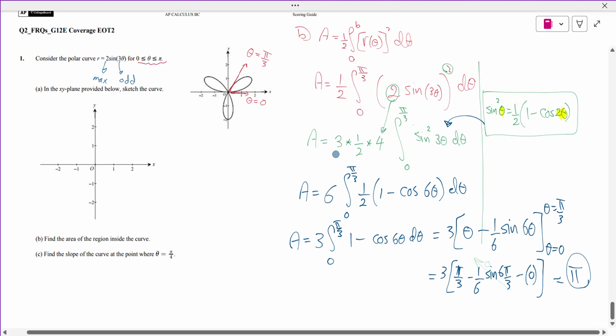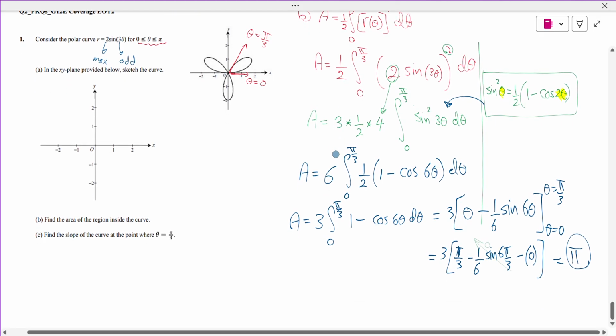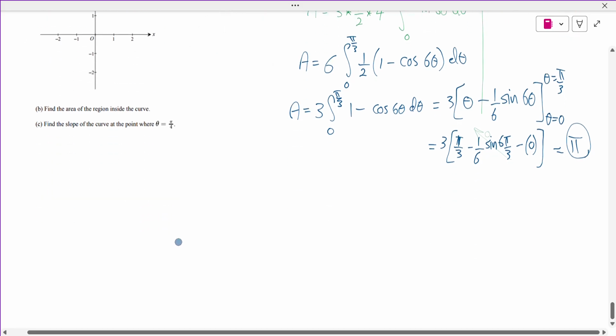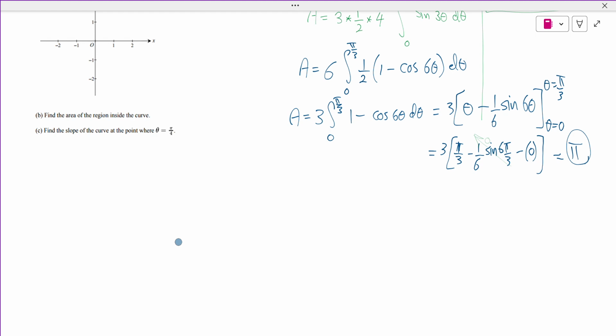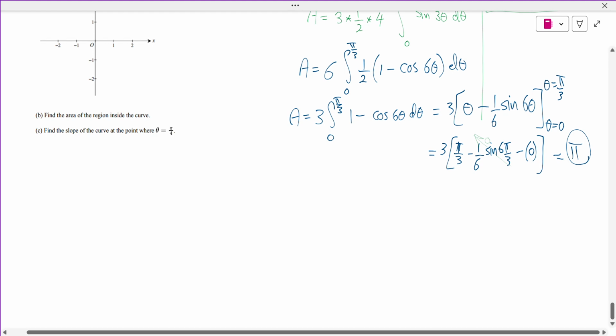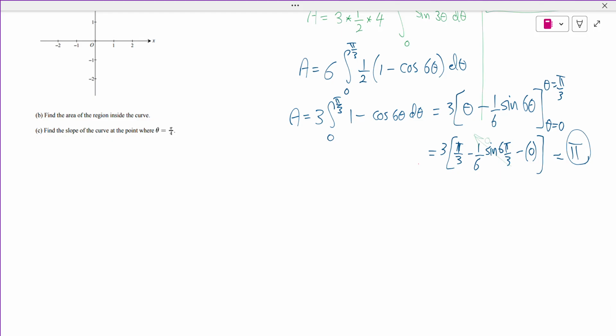Okay, so the third part, find the slope of the curve at the point where theta equals pi over 4. So to find the slope, dy over dx, we need x and we need y.